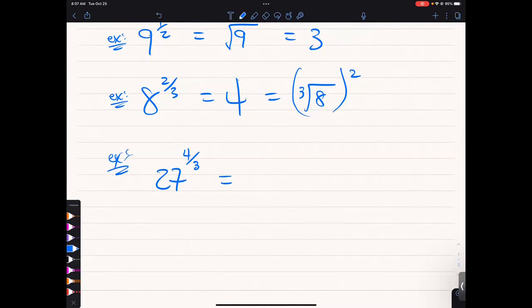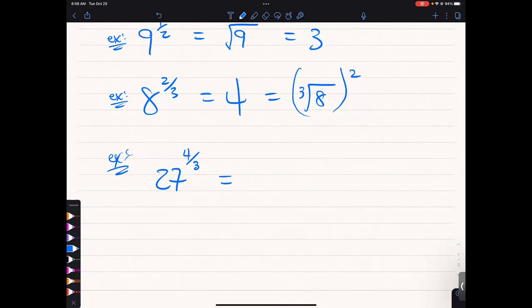The 4 in the numerator, the top of that fraction, is like a normal power, so it's like 4 copies of them multiplied together. The denominator, the 3, that's the index on a radical. So 27 to the 4/3 would be the cube root of 27 raised to the 4th. Now you do those things one at a time in either order that you want, because they're both multiplication.